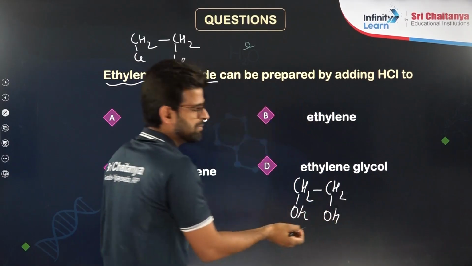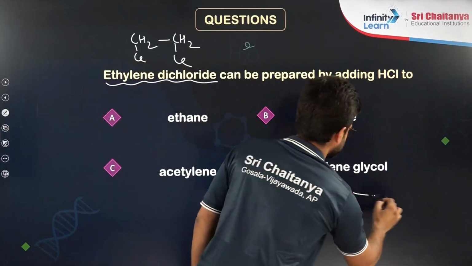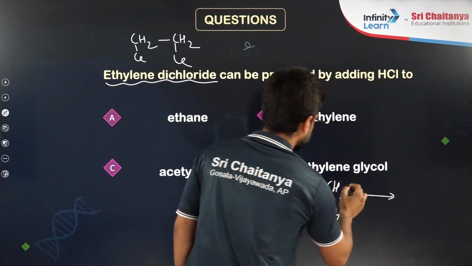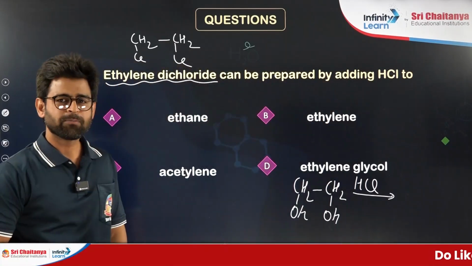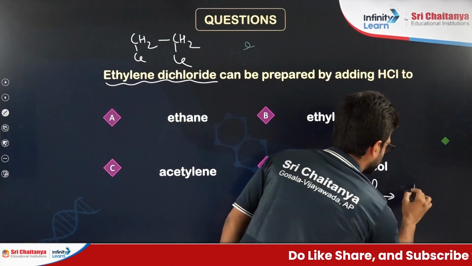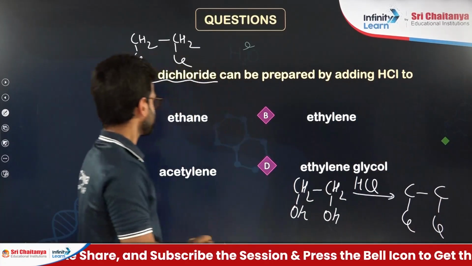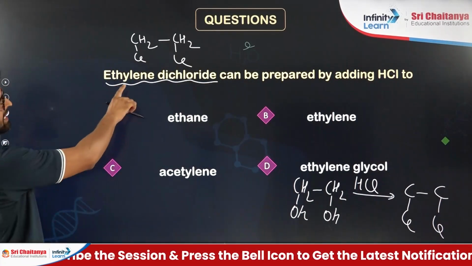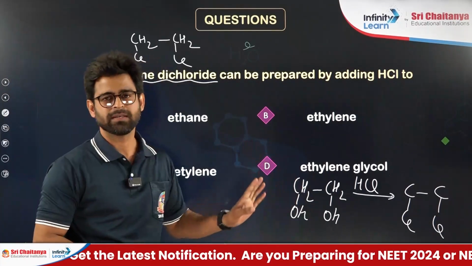So these OH can be replaced. If we take ethylene glycol, we can put HCl here, and it will replace the OH by Cl. Clear? So yes, ethylene dichloride can be prepared by adding HCl to ethylene glycol.